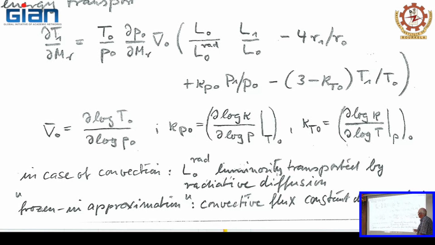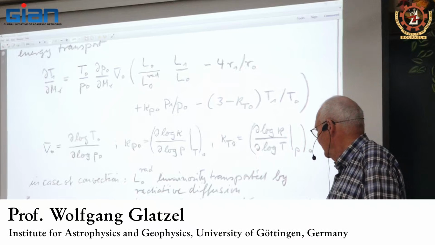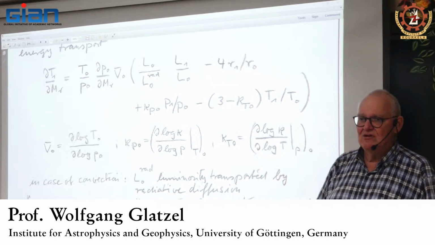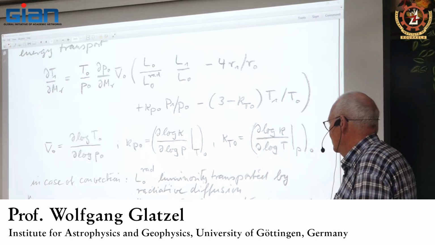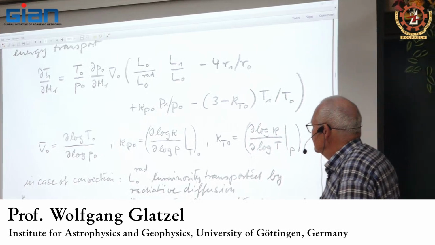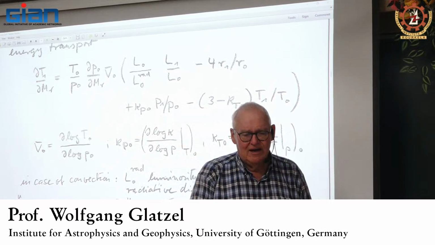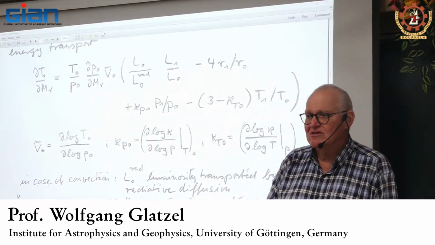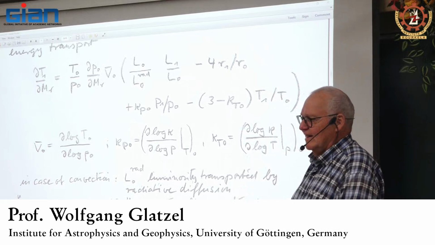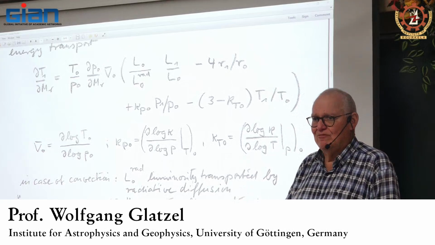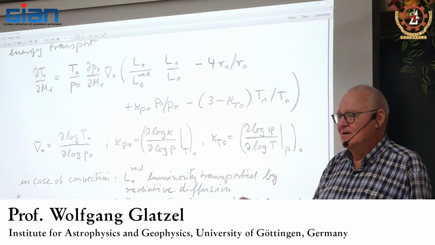This is the result of the frozen-in approximation, which assumes that the convective flux is constant during pulsation, or the perturbation of the convective flux is zero. This is an additional factor which can be taken into account once we have a convective zone in our star. Usually you would not consider stars with a big amount of convection.